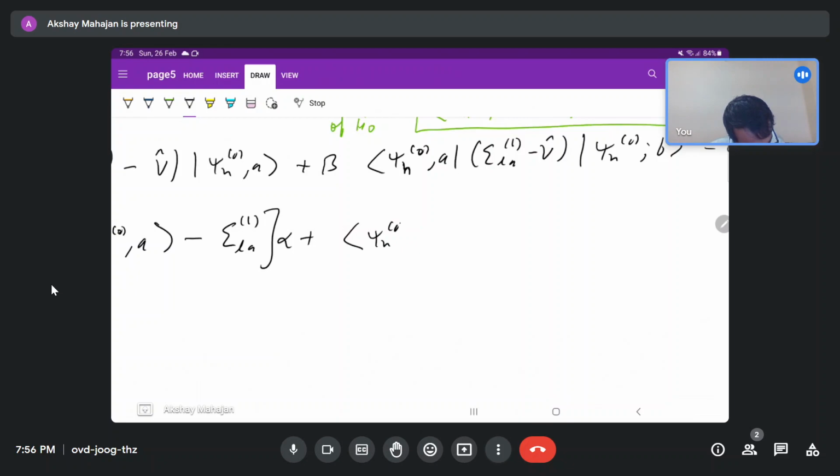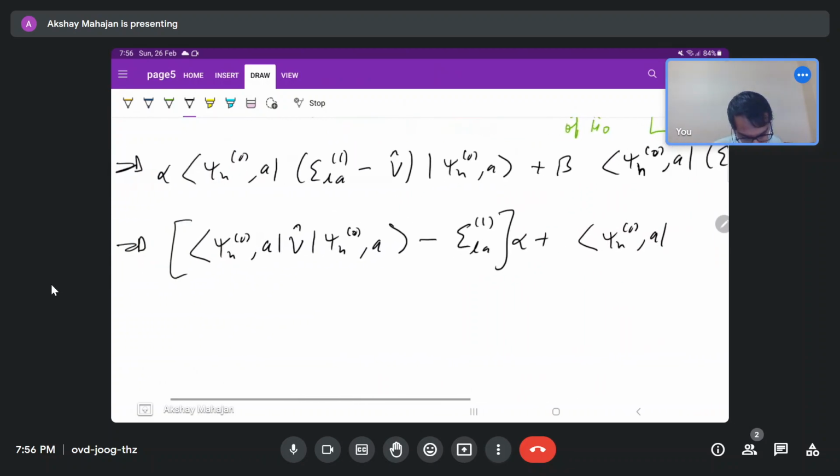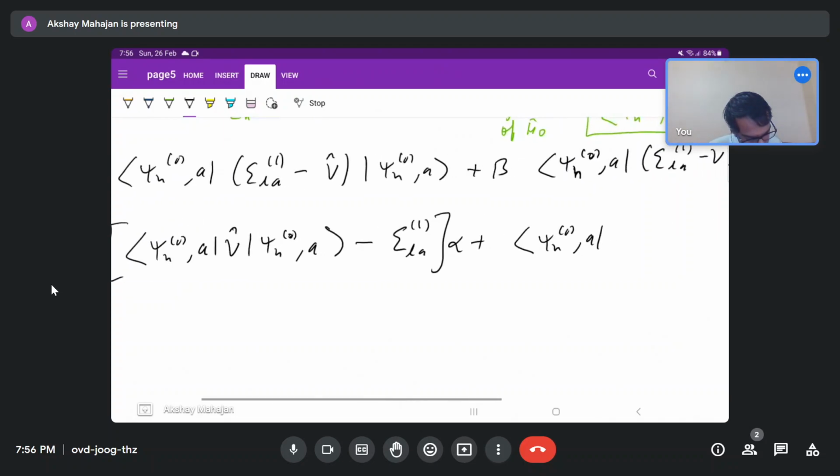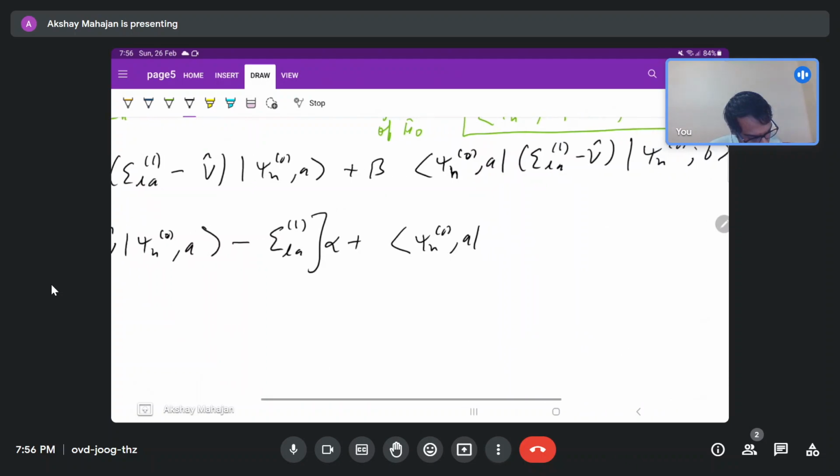Psi n of the 0th order of a. Okay, I've taken a minus sign wrong here, so here we will also get a minus sign, so that minus will get plus. Just check the minus sign here once.